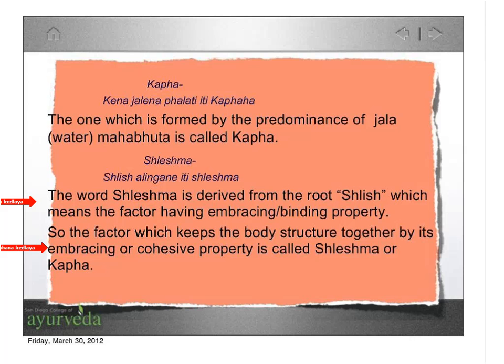So the factor which keeps the body structure together by its embracing or cohesive property is called Shleshma or Kapha. When we look at these two definitions, the first talks more about the composition of Kapha, how the Kapha is formed.